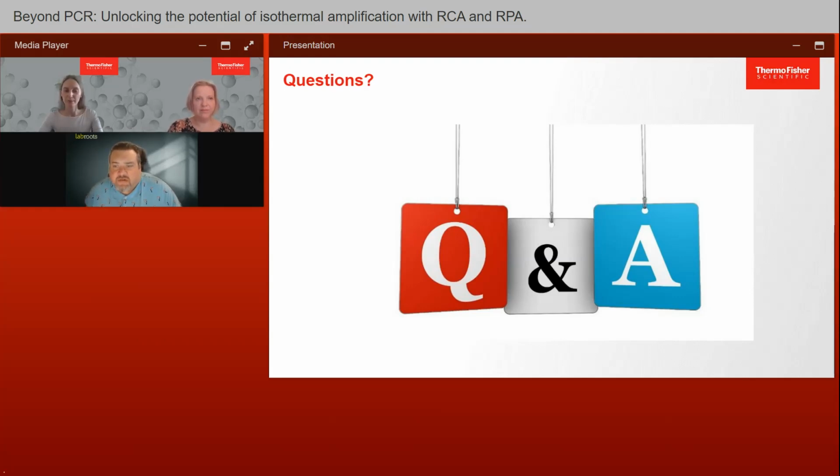MDA is like a basic method, and these RCA methods, linear RCA and MPRCA, and the whole genome amplification use MDA. In linear RCA, we are using only a single primer. So the product is linear, and it is not hyperbranched.